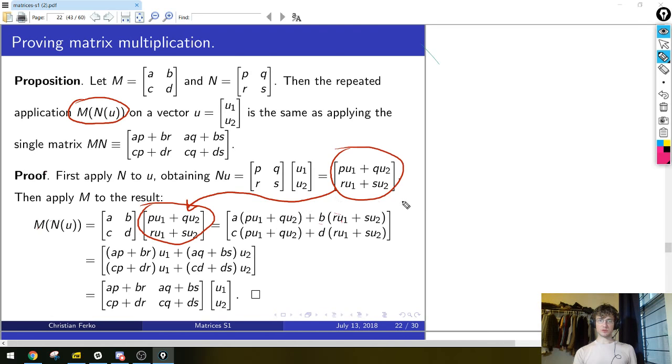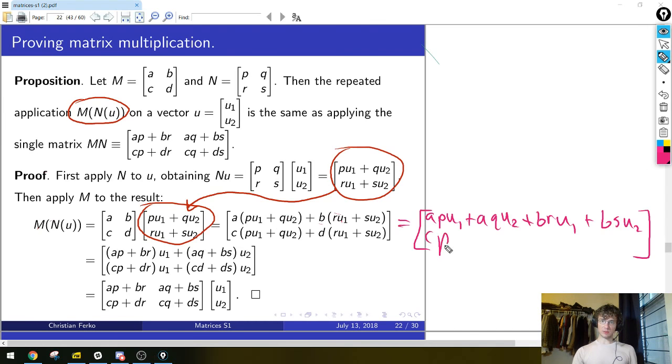So I've distributed, again, if you want to be very explicit, this is APU1 plus AQU2 plus BRU1 plus BSU2, and on the bottom, CPU1 plus CQU2 plus DRU1 plus DSU2. So that's the distributing, and then I factor out the U1.